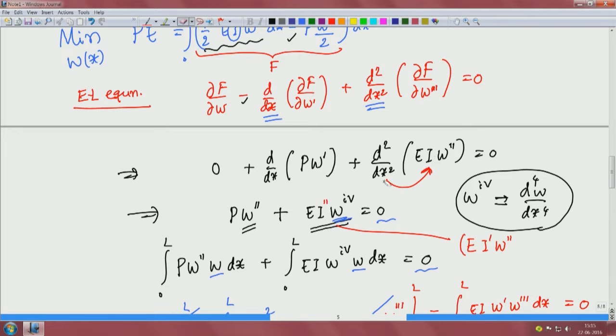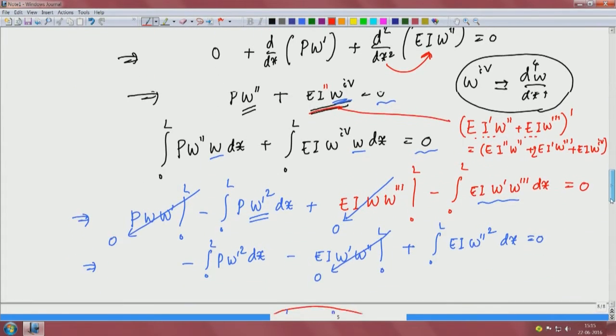When we do two derivatives, we get E I prime W double prime, and then E I W triple prime, and one more prime, because this is d square by dx square. That will again give us E I double prime W double prime, and E I prime W triple prime. When I do it for the other term, another one of these will come, that will become 2, and then I will have E I W fourth prime. That is what we get for the buckling problem.